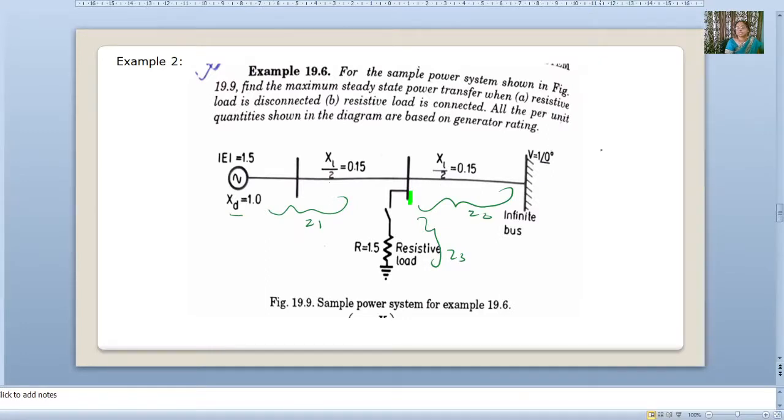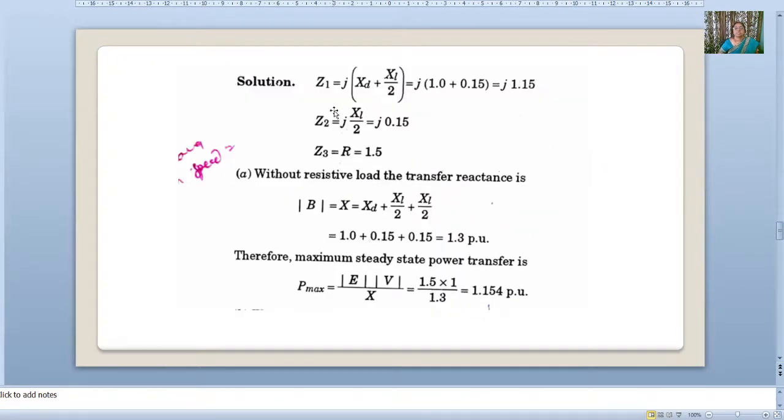E is given, V is given. Z1 is xd plus xl by 2, Z2 is xl by 2, and Z3 is r, that is 1.5. Without resistive load, the transfer reactance is xd plus xl by 2 plus xl by 2, it is 1.3.